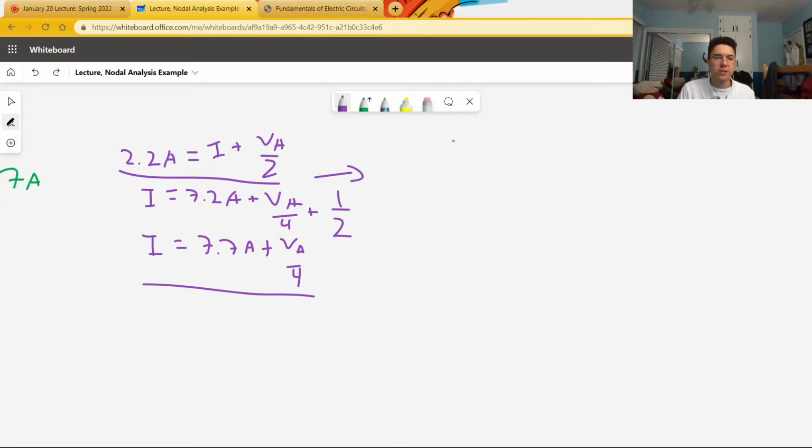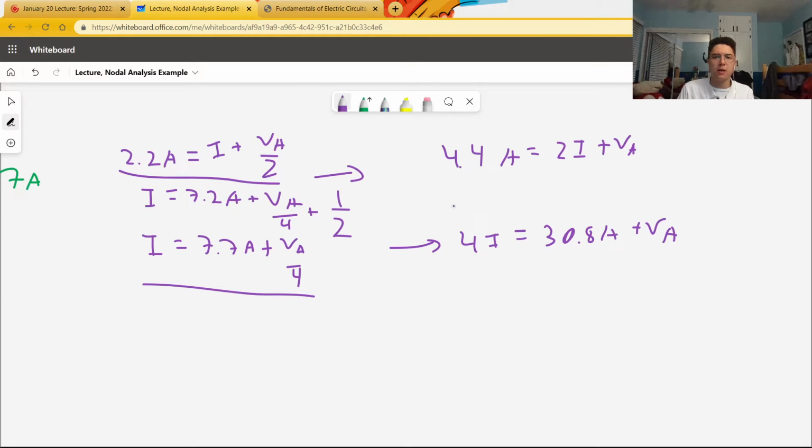I'll multiply this equation by 2 to get 4.4 amps equals 2I plus VA, and this equation becomes 4I equals 30.8 amps plus VA. I'll subtract these two equations from each other to get 4I minus 4.4A equals 30.8A minus 2I.